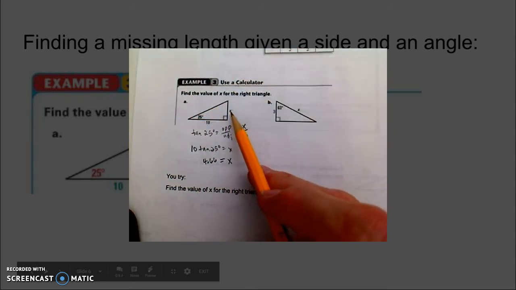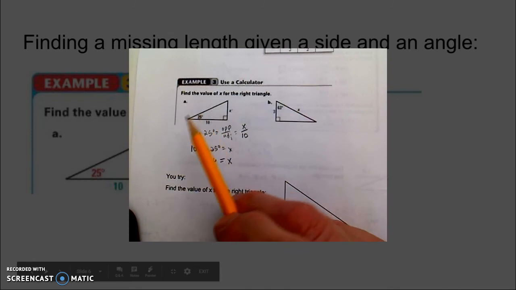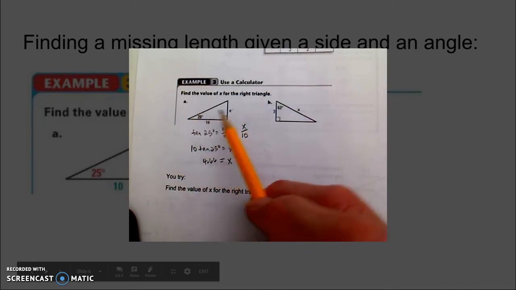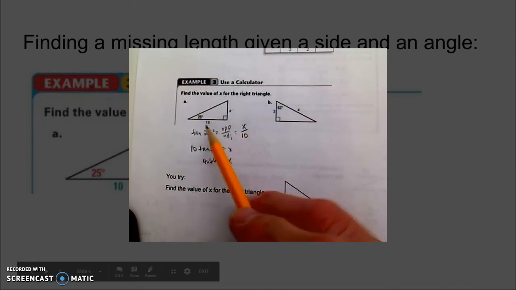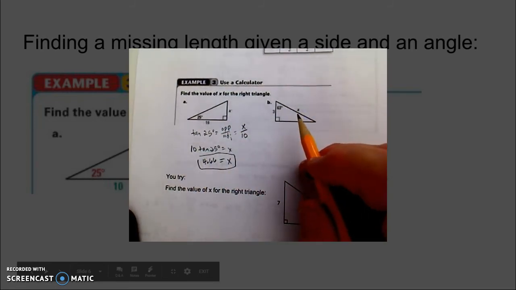And this side length is 4.66. Now remember, you can't really judge on a sketch, on a worksheet or a test. They always say don't try to guess, don't eyeball it, use your actual math, but this seems to make sense, that length is about half of this one. So 4.66 is that side length.